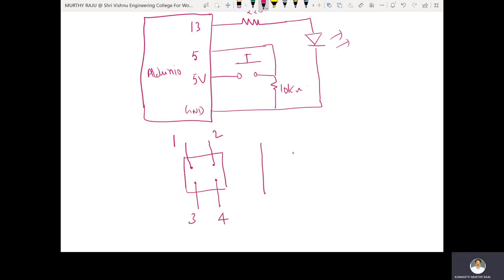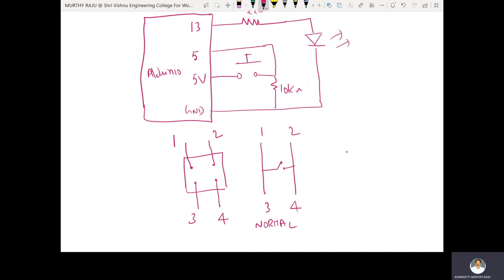Simply it is represented as 1, 2, 3, 4. Under normal condition, there is no contact here. This is the normal state.